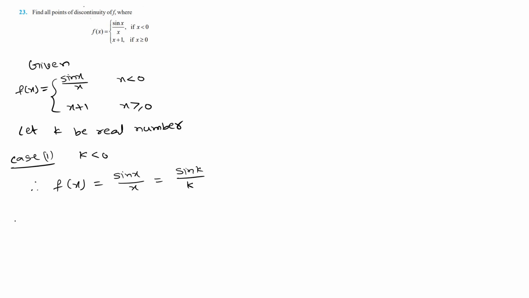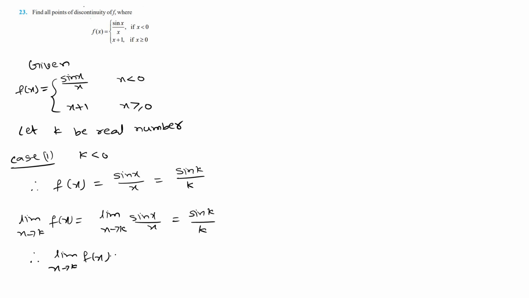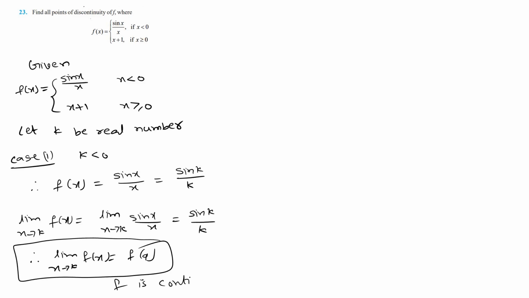And the limit as x tends to k of f of x is the limit of sin x by x, which is sin k by k. So the value of the function and the limit are both the same. Therefore, limit x tends to k of f of x is equal to f of k, so f is continuous for all k less than 0.